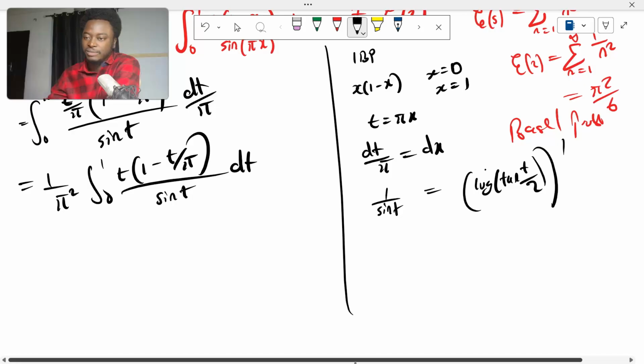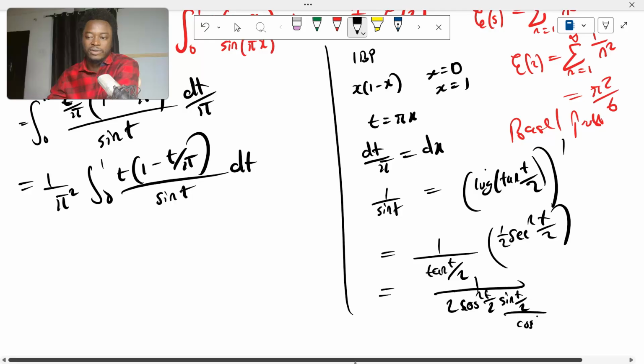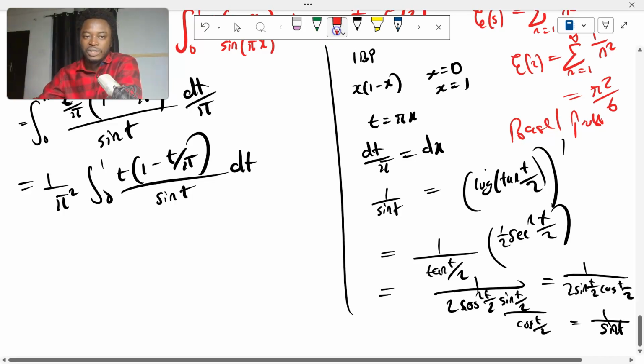If you take this derivative, you will have, first of all, 1 over tan of t over 2, and at the top you would have 1 over 2 secant squared of t over 2, which means this should equal 1 over 2 cosine squared of t over 2 times sine of t over 2 divided by cosine of t over 2, which will be equal to 1 over 2 sine of t over 2 cosine of t over 2, which will be 1 over sine t, of course, 1 over sine t. So now we know the antiderivative.